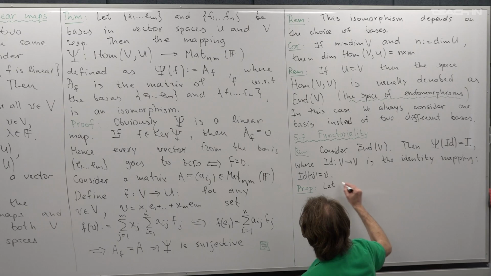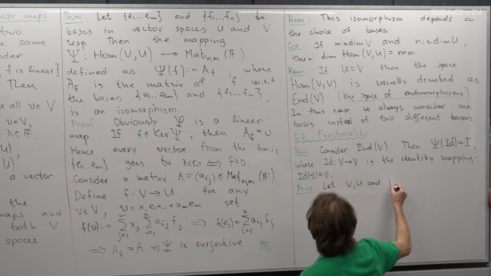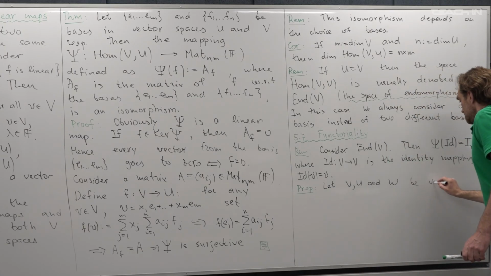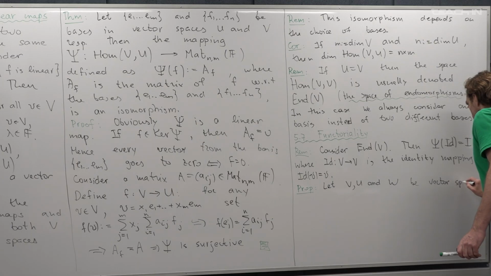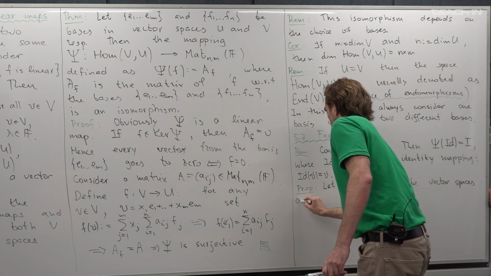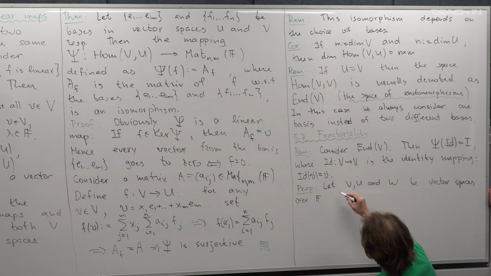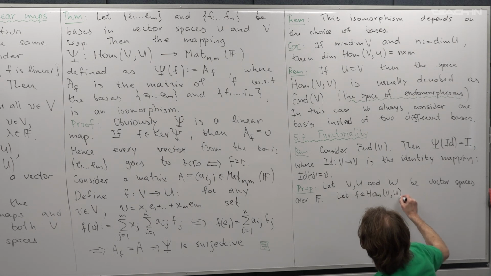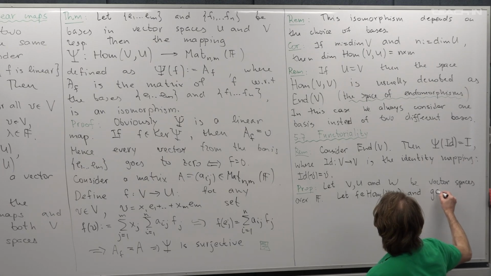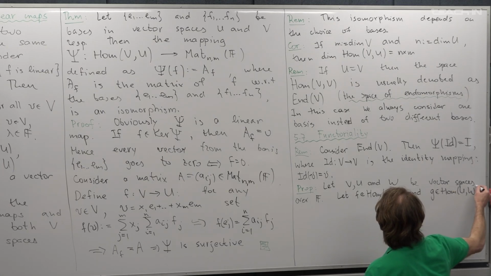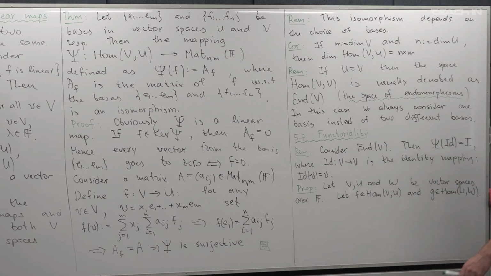Let V, U, and W be vector spaces over the field F. Let F be a linear mapping from V to U, and G be a linear mapping from U to W. So we consider two linear mappings, and we have three spaces, and we can consider the composition of these two linear mappings.